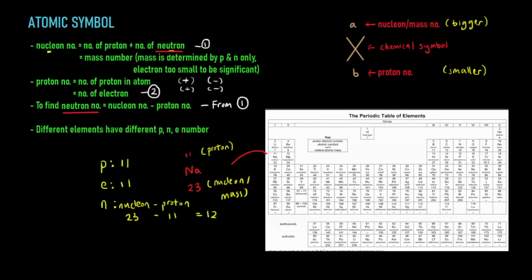And that is the answer for proton, electron, neutron: 11, 11, and 12. Hopefully that's clear. So you really just have to memorize these two equations and know what these two mean. So basically these are the three main takeaways from this slide. This one, and this one. Knowing that the mass and nuclear number is the bigger one than the proton number.